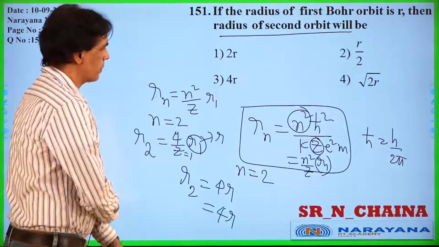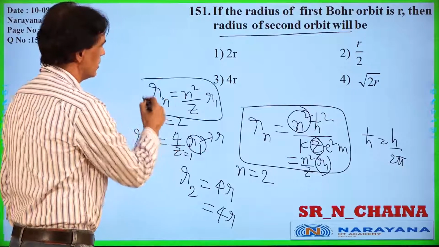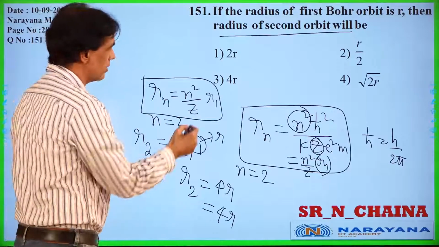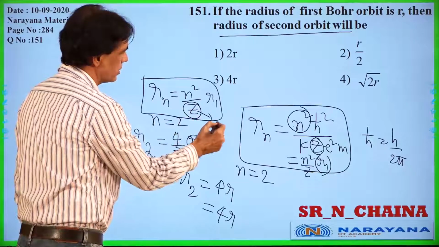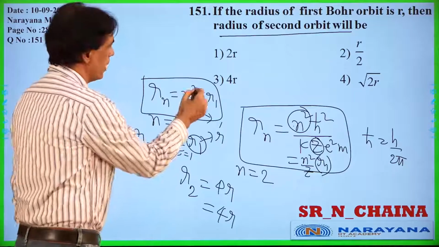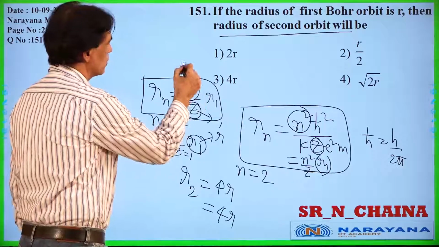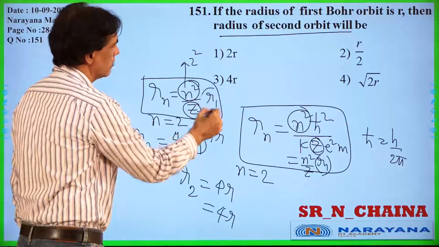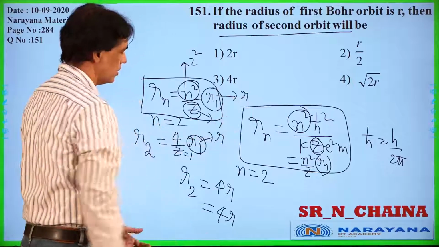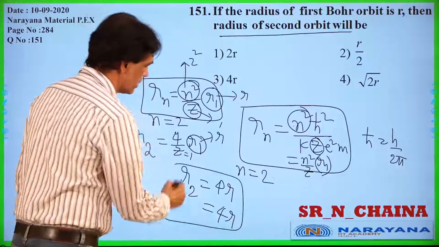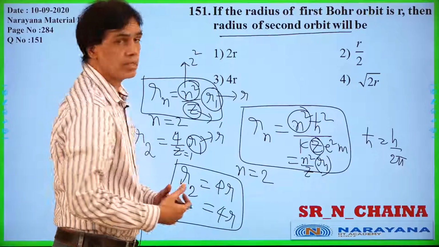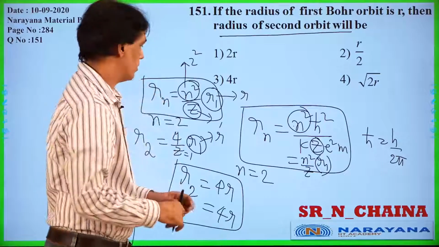In the general formula Rn equal to n square by z into R1, z is 1 for hydrogen, n is 2, and R1 is R, so the second orbit radius R2 becomes 4 times R. So that's all.